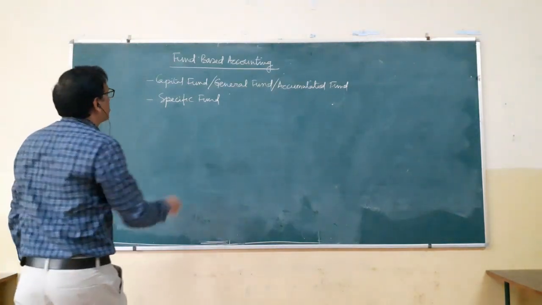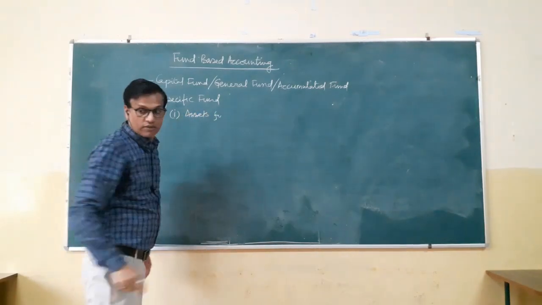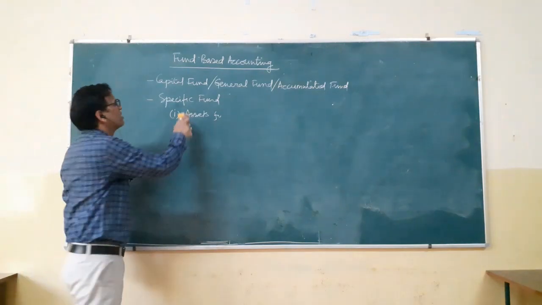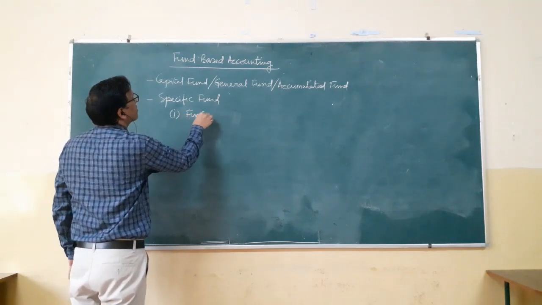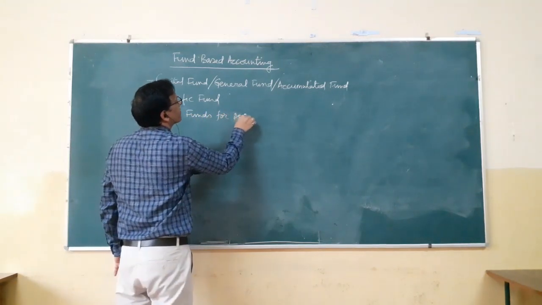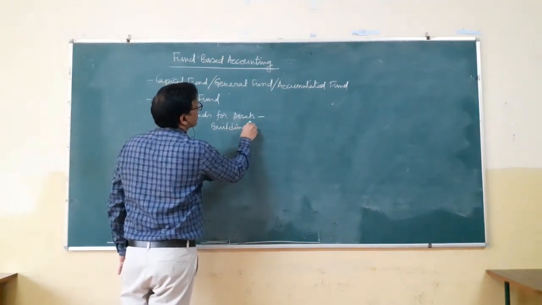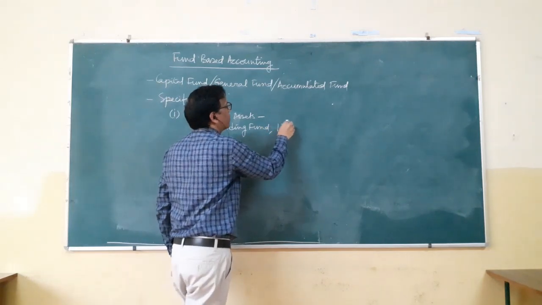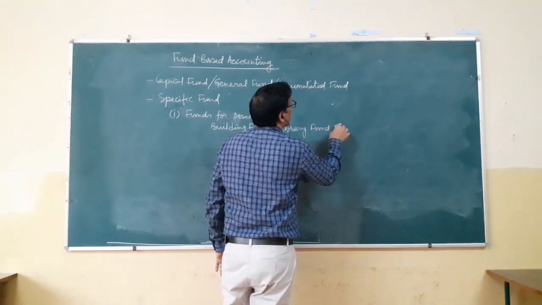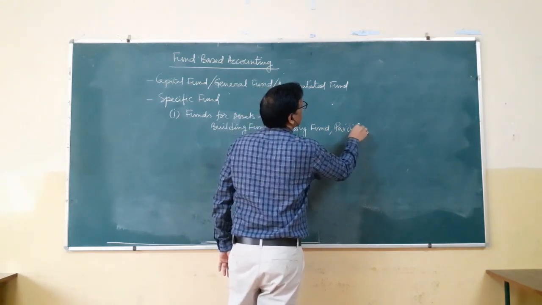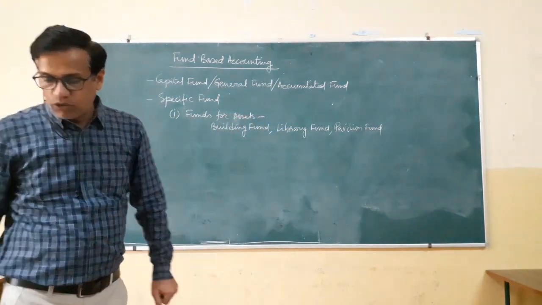These specific funds may be, number one, funds for assets, such as building fund, library fund, pavilion fund, etc. How is it treated in the books of accounts? How do we take it?